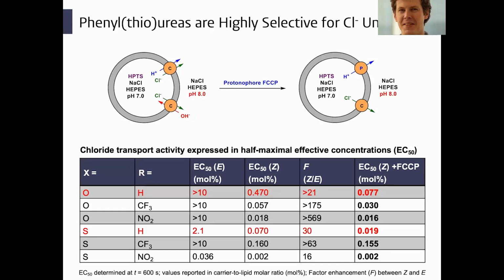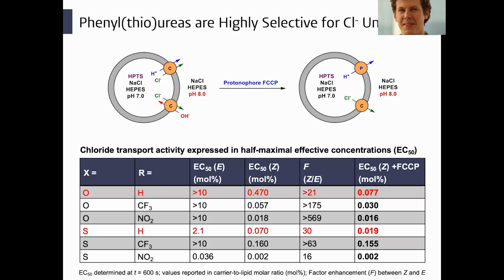Now this HCl symport and chloride hydroxide antiport is not the full story. Some transporters are very selective uniporters, so they are only able to take a chloride ion over the membrane. There's a very simple way to test that: add a protonophore, something that mediates the transport of the proton.